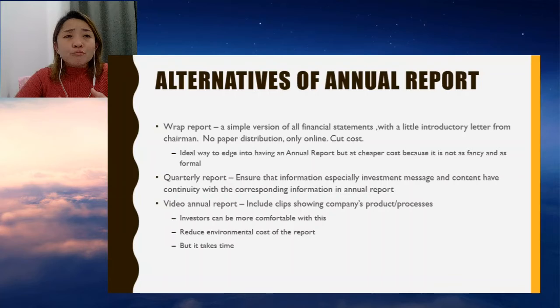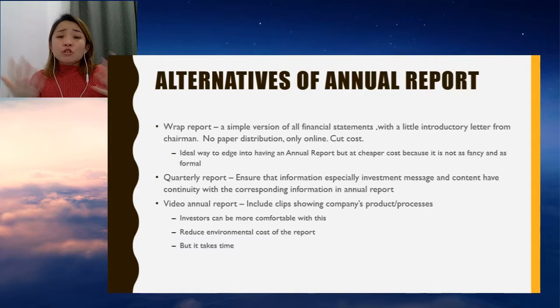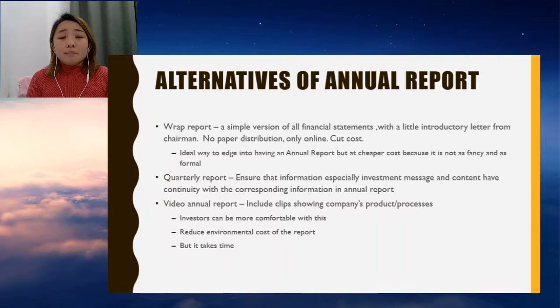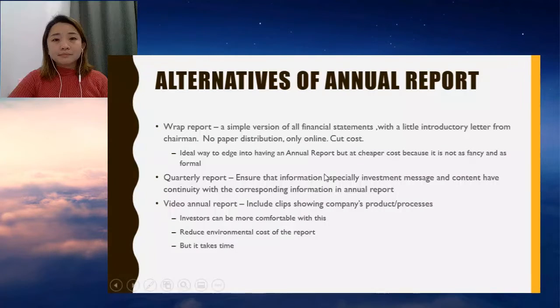Videos can tell a lot more within a short time, but a video can't be long. There are a lot of investors who like video annual reports because they're simpler to understand compared to the numbers in an annual report, which are so boring, right? And of course, it reduces environmental costs, but it takes a lot of time.